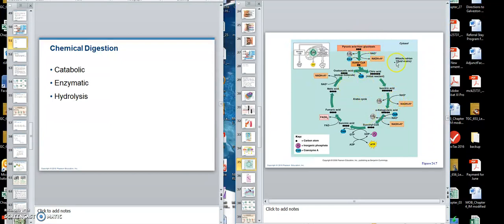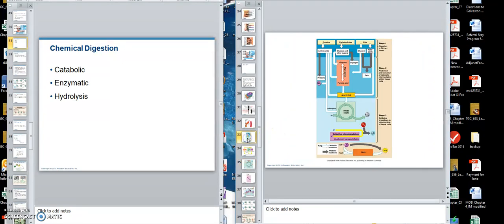It only has 8 steps. 8 steps to get 32 ATPs. But what do you need? Oxygen. Okay, so here again, pyruvic acid will enter the mitochondria because it will convert to acetyl-CoA, but what do you need? Oxygen.